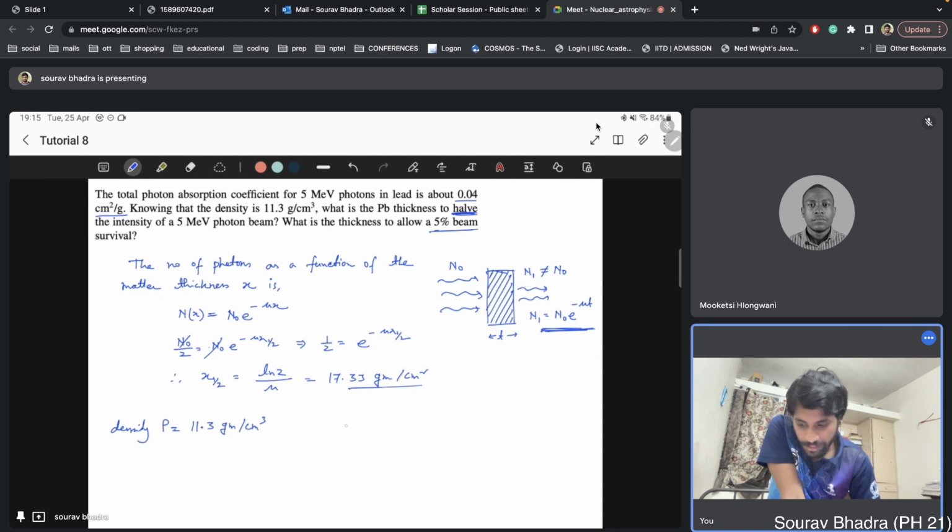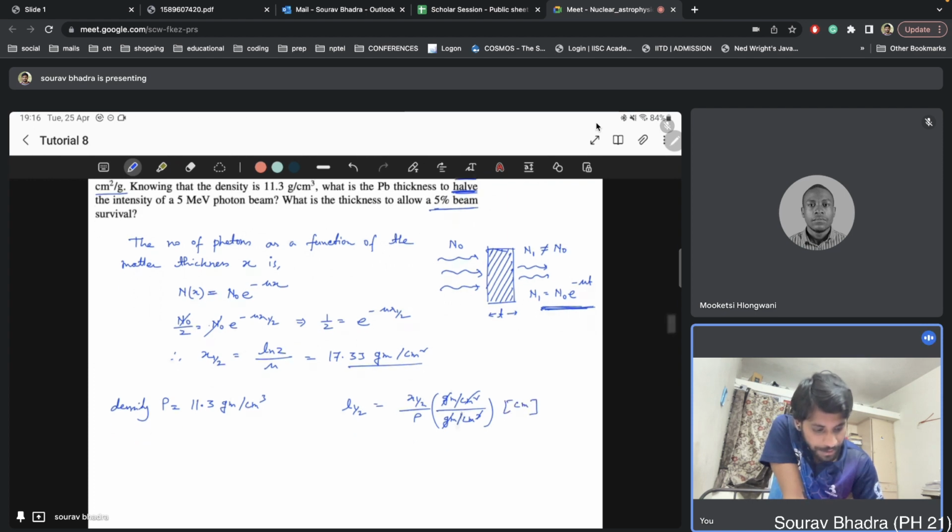So your thickness, that is L half, is actually x half by rho. You can see your x half has a unit of gram per centimeter square, and rho has gram per centimeter cube. Gram will be cancelled out, and one centimeter will remain, so the dimension will be centimeter, right?